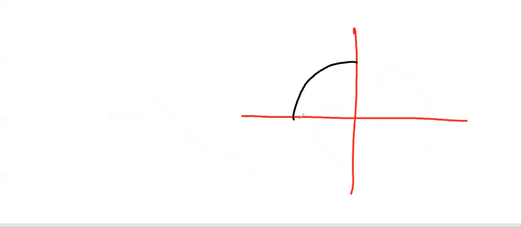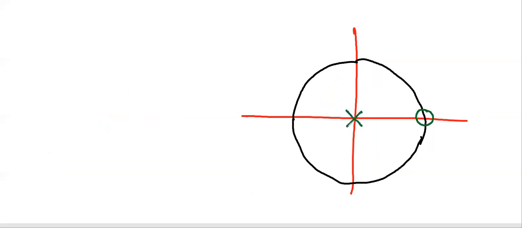If you consider this kind of scenario, this is the unit circle again. This is the 0 location, and this is the pole location.